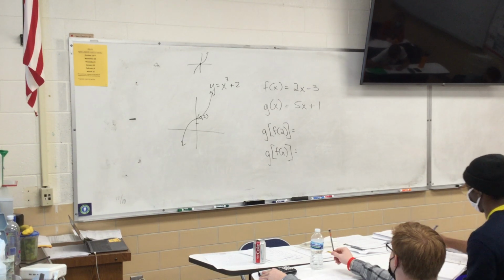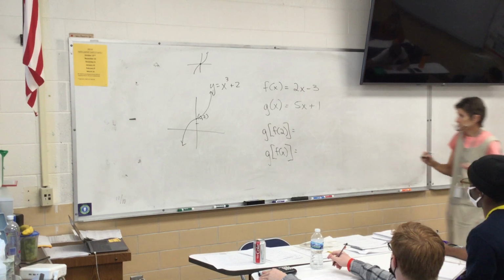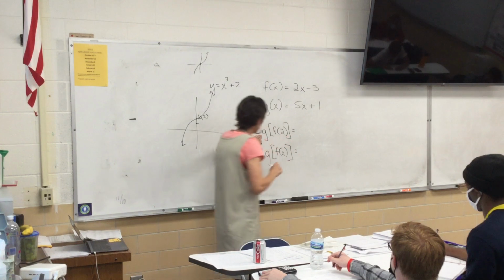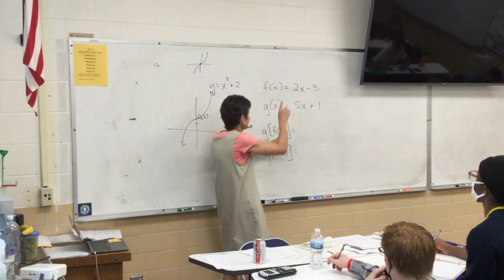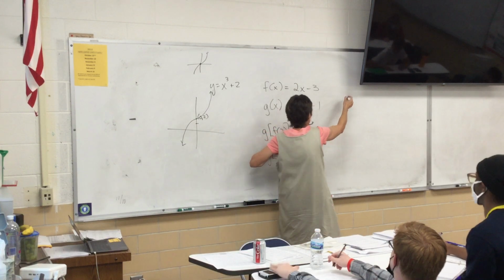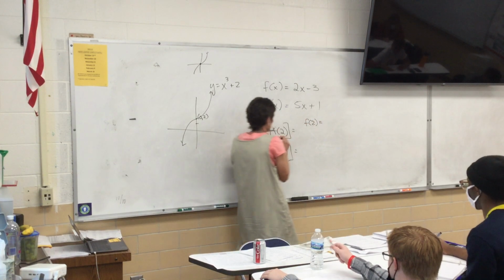That's just a little review of what we did today. All right, so did you remember that to do the first one here, you plug 2 into your f function. What do we get if we plug 2 into our f function?